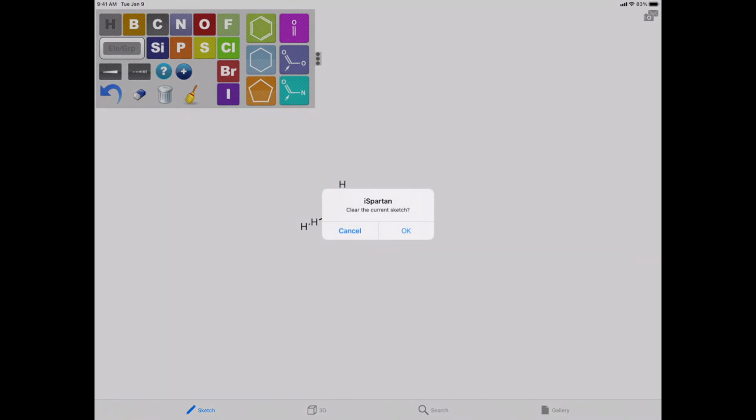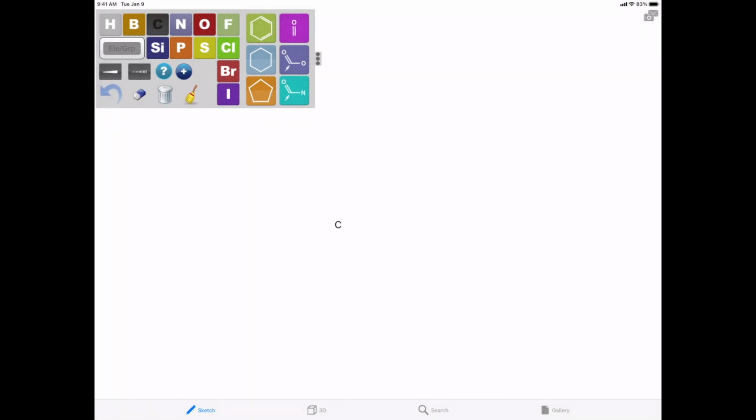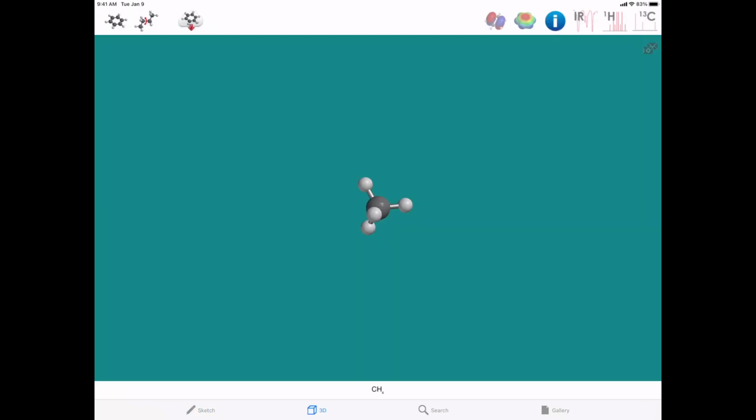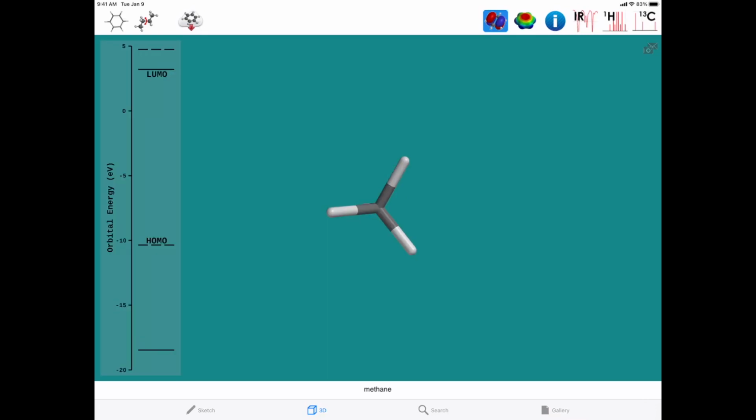All right, and 3D, that's methane. I'm going to download the orbitals and show them to you.